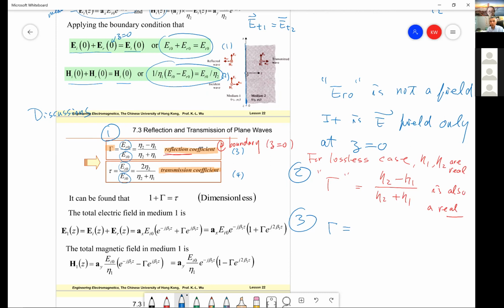We need to make sure your webcam or mobile phone is placed in an appropriate location that complies with the university requirement. All right.